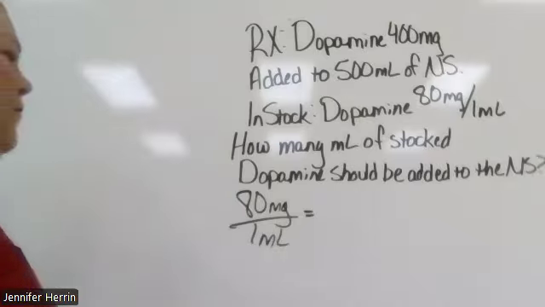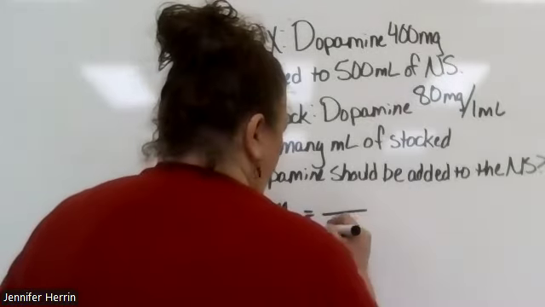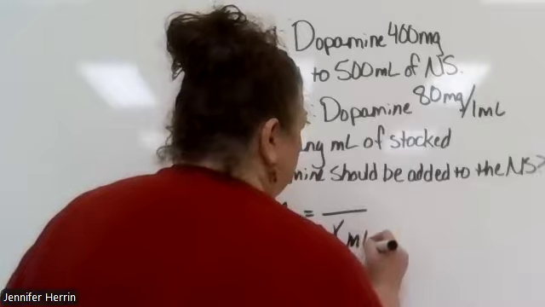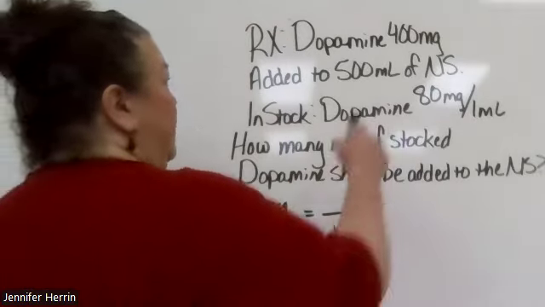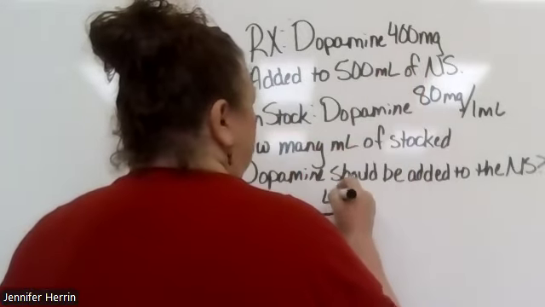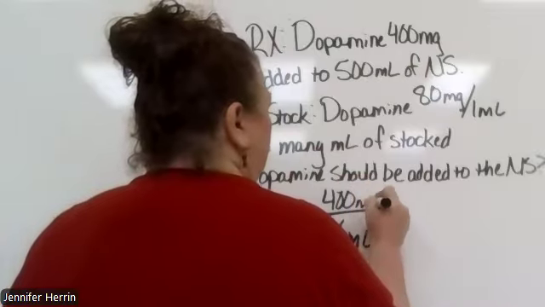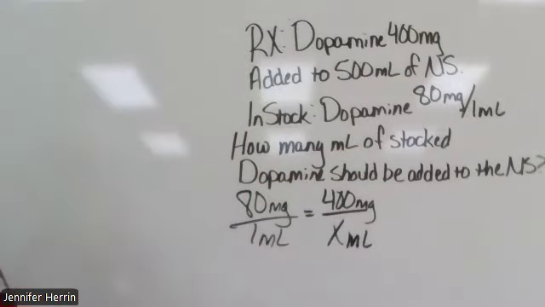And we are looking for how many milliliters it's going to take to reach that 400 milligrams that we need to add to the bag. So that's how we would set that equation up.